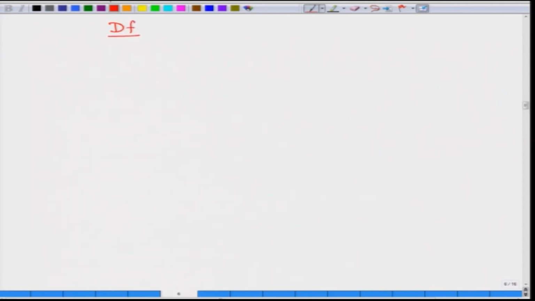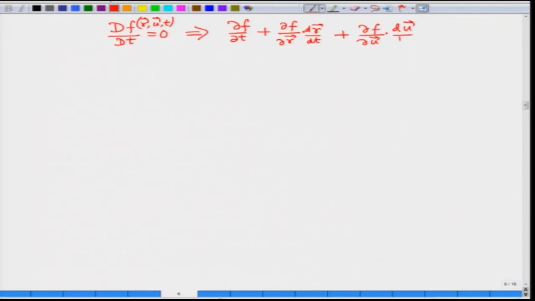If you have df/dt equal to 0, you can see that f is a function of r, u and t, so del f/del t plus del f/del r vector, which is nothing but a style of writing gradient of f, dot dr/dt, plus del f/del u dot du/dt, that is 0, that we have obtained.